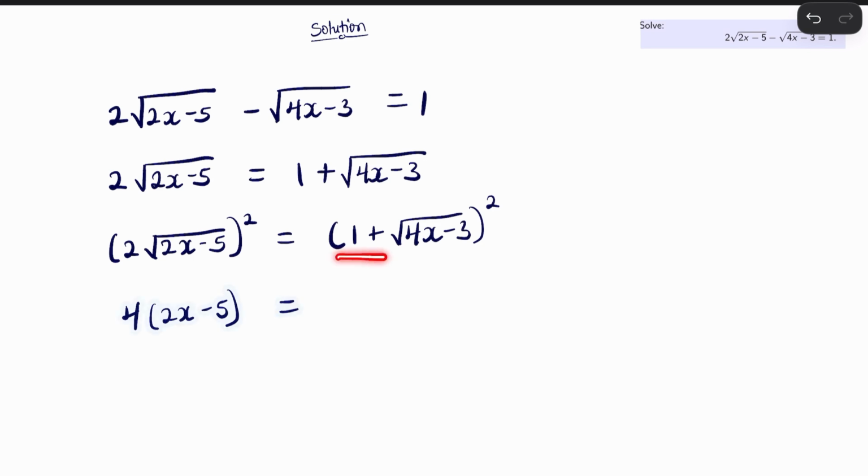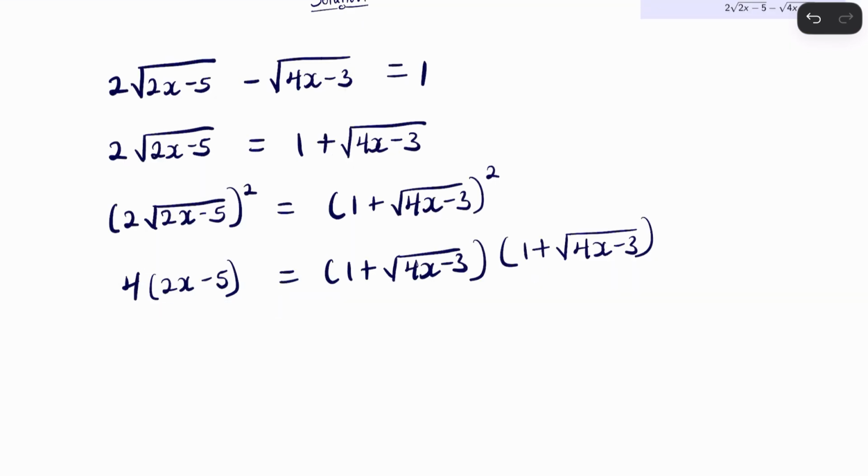Then we now expand the right hand side. So we have (1 + √(4x - 3)) multiplying (1 + √(4x - 3)).